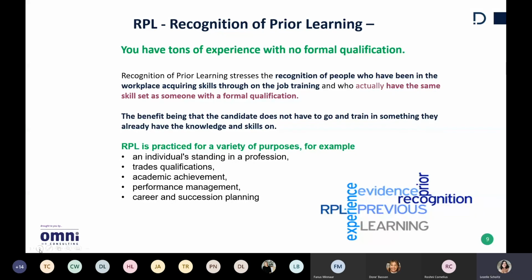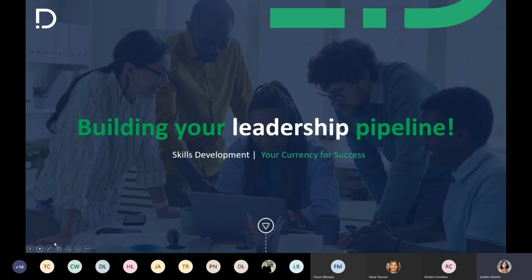So just to summarize once again, I think it's important that we understand the necessity for training and development of our leaders. And it's so important that in your organization, you have that culture of learning so that you can build your leadership pipeline by identifying future leaders early in their careers, but also put together a plan for their development by considering the Omni development stack model that I've shared with you.